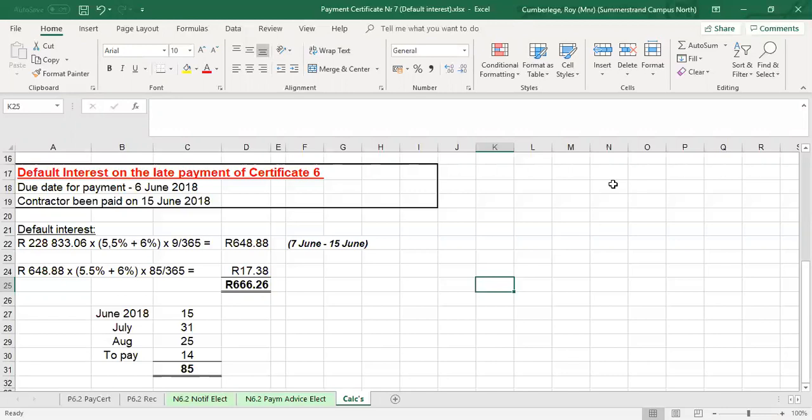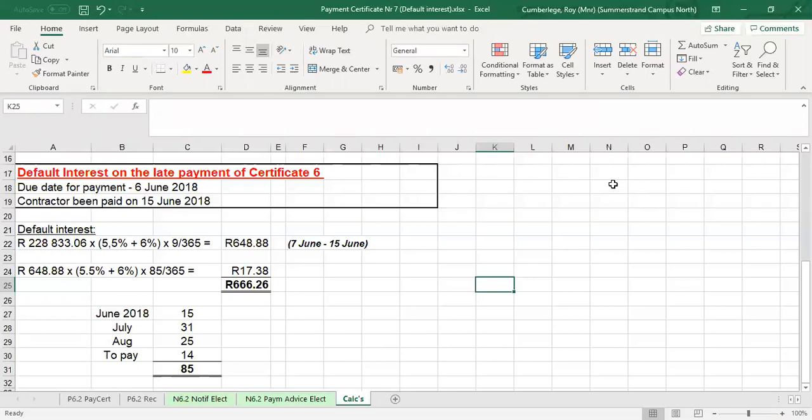And remember, we're busy with final payment certificate number 7, so its time has lapsed. We're almost looking at 90 days after practical completion. So we have to determine and calculate the default interest on the late payment of certificate 6.